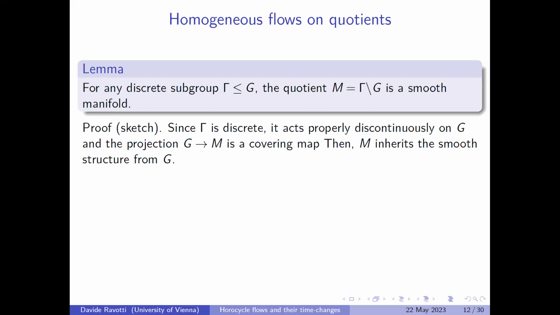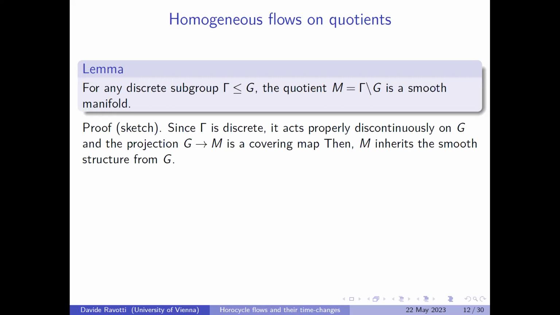And just a brief sketch of the proof, how does it go? Well, by assumption, if the group is discrete, then it acts properly discontinuously on G. So this means that for every compact neighborhood of a point, there are only finitely many images of that point under the group. So every point has a small neighborhood in which there are no other elements of the orbit under gamma of that point.